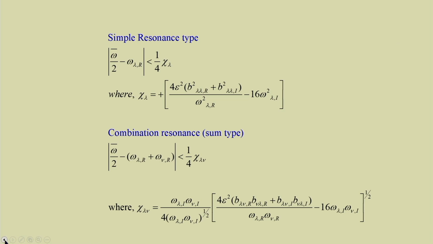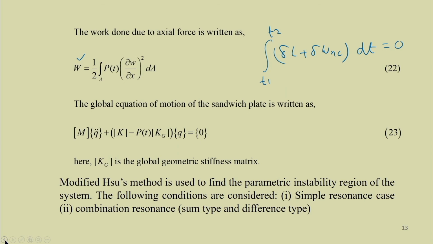So, the governing equation of motion can be obtained in this form, and here it can be noted that in this governing equation the coefficient of q is a time varying term, that is Pt into kg. That is why this equation is known as that of a parametrically excited system.